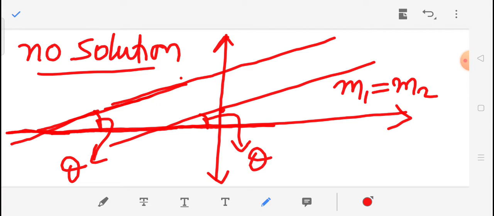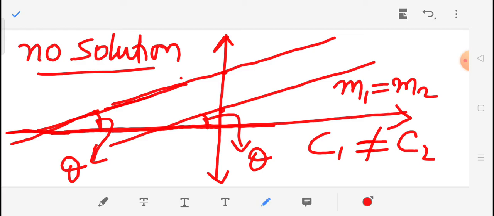One is intersecting the y-axis at this point, the other is intersecting the y-axis at this point. So their intercepts are not equal, so we can write c1 is not equal to c2. I hope my students have understood these things.